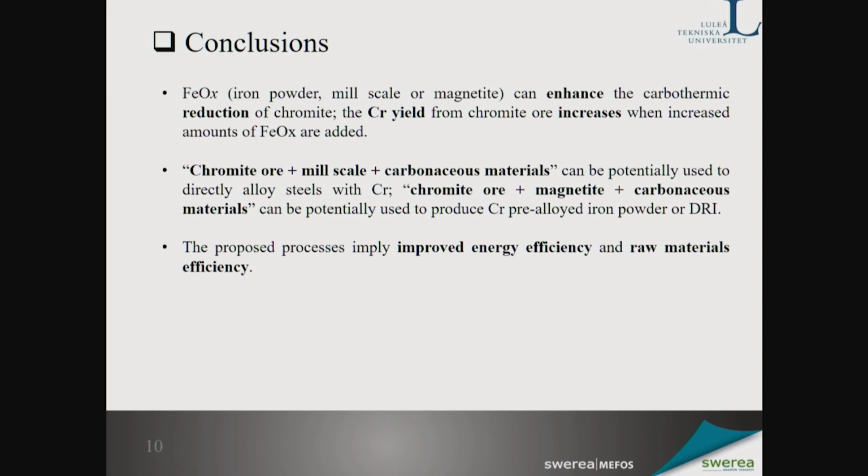First, the iron powder, mill scale or magnetite can enhance the carbothermic reduction of the chromite, and the chromium yield from the chromite ore was influenced by the added amounts of the iron powder, mill scale or magnetite, whatever.